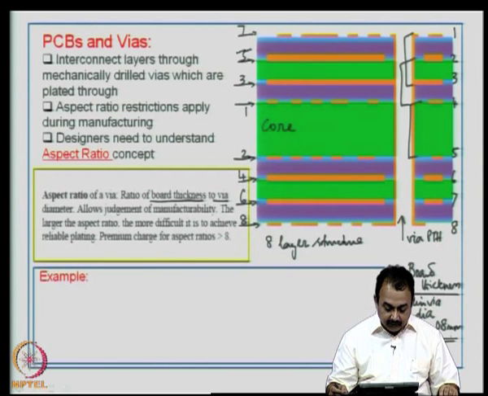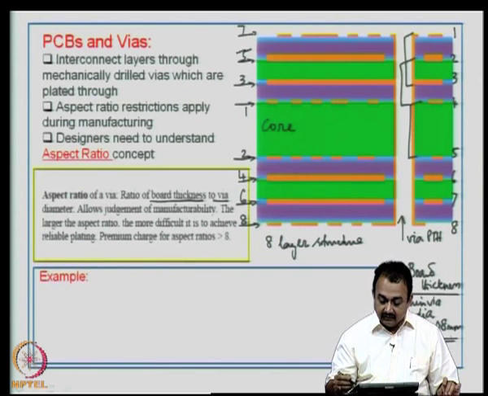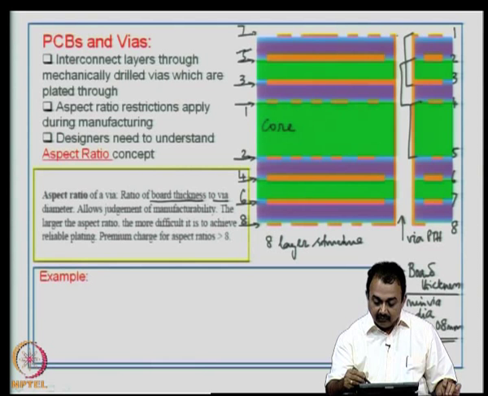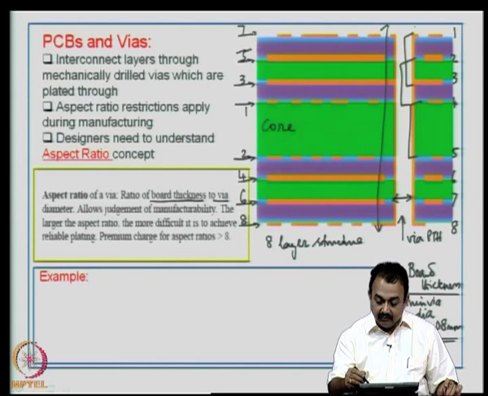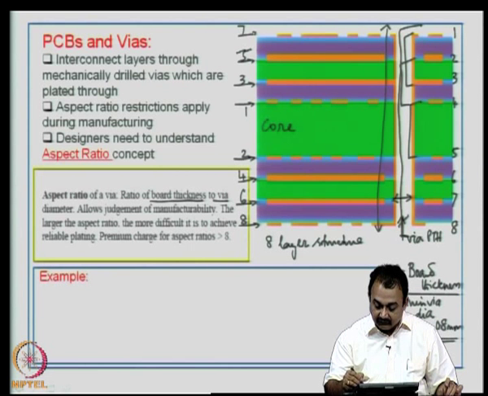Let us take an example. The larger the aspect ratio, the more difficult it is to achieve reliable plating. That means, if the thickness of the board is very large, and you have a very small diameter of the hole in the structure, the plating process has a requirement that it wets the entire hole wall surface.